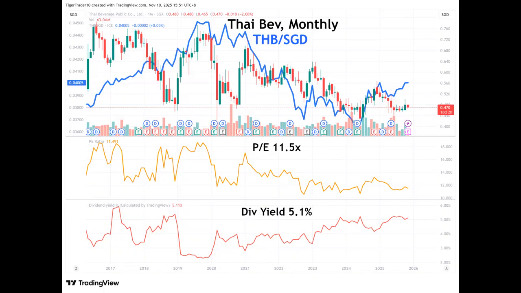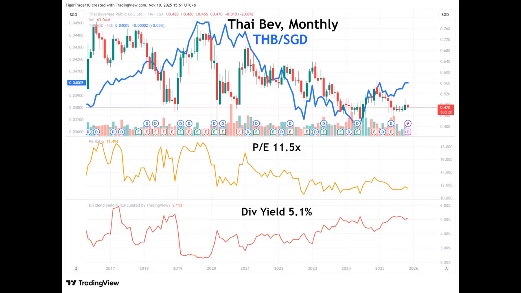For those who have read the WhatsApp messages I sent on Thai Bev before, one of the comparisons that we like to make for Thai Bev is to look at the Thai baht to Sing dollar price movement, because it has shown some correlation: whenever we see a strengthening of the Thai baht, it is generally positive for the Thai Bev share.